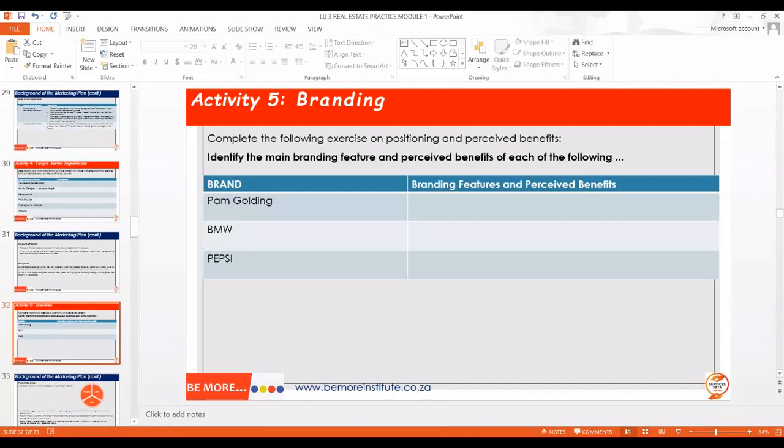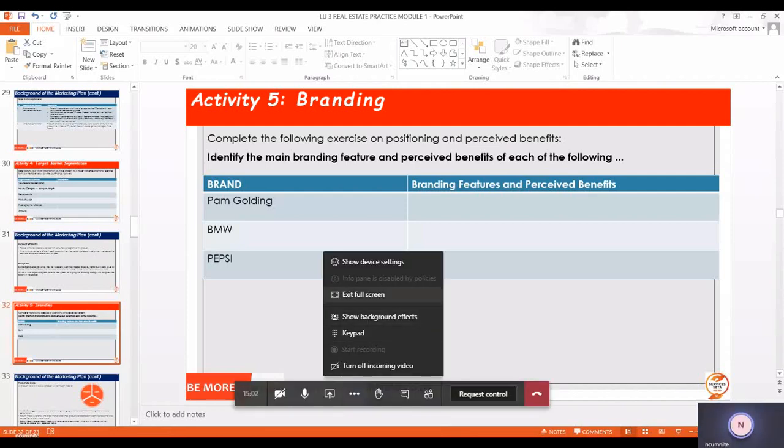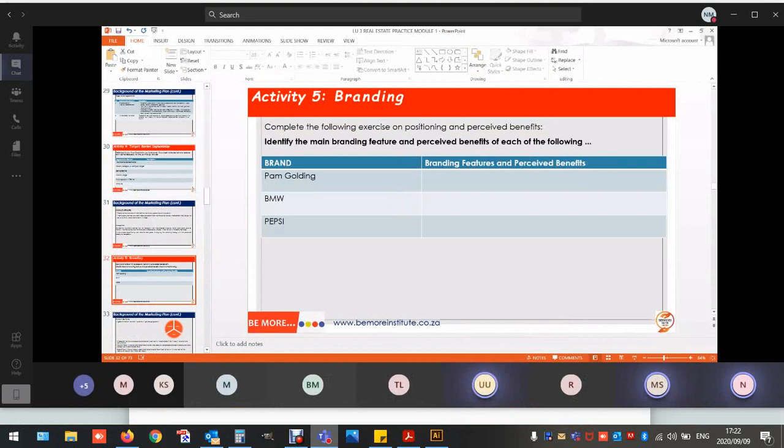Status as well. It's a nice looking car. The aesthetics of it. Yes. And also for those who love speed, you know, the benefits, that you know what, I can lead the pack on this one.